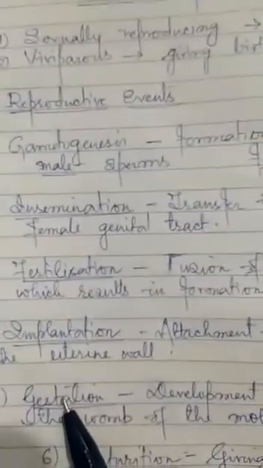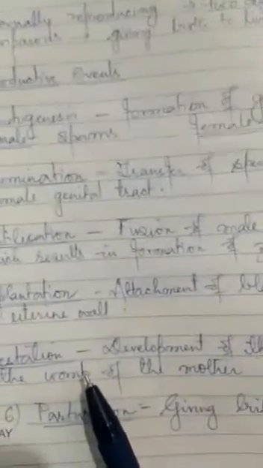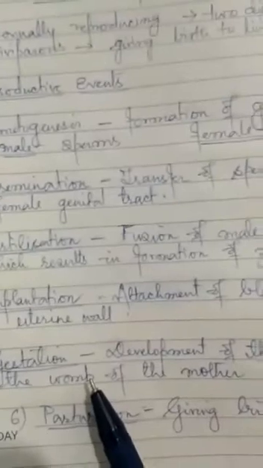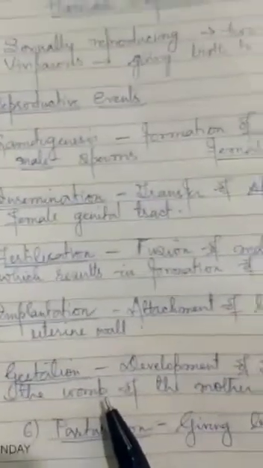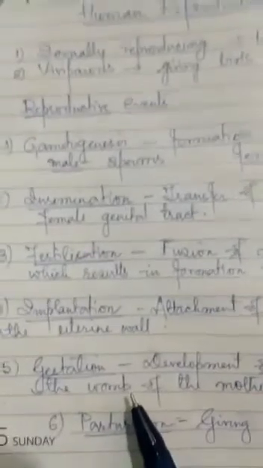So what is gestation? It's nothing but the development of the embryo in the womb of the mother. The child has to stay for a comparatively long period. You must be aware of this, for a period of 9 months the child has to stay there. This period is known as gestation.